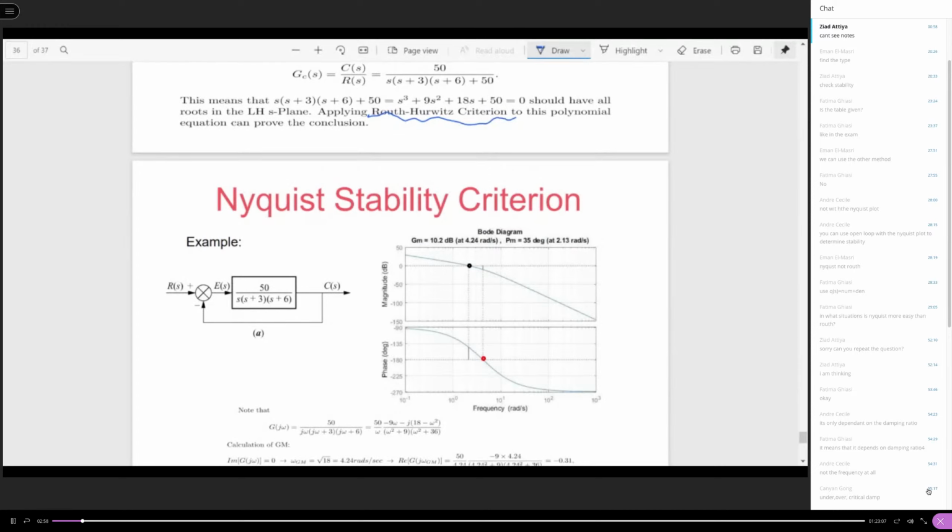I mean, for the Rose-Hurwitz criterion, we won't call it a stability criterion. We just call it a criterion to decide the location of the roots of a polynomial equation. Unlike the Nyquist stability criterion, which was specifically developed for the control system, the Rose-Hurwitz criterion initially was not intended for the control system.